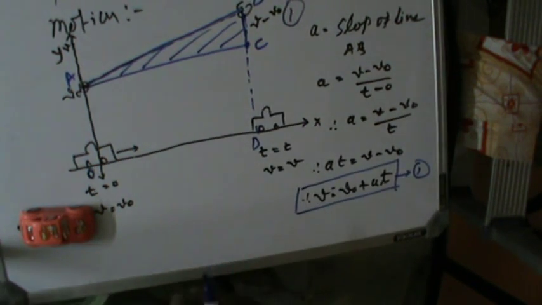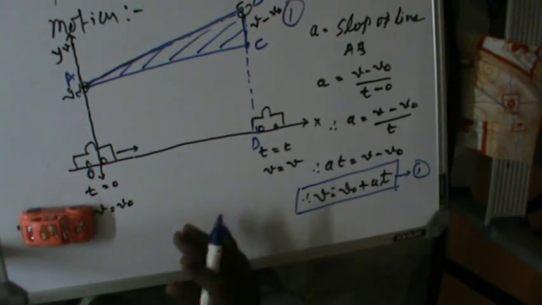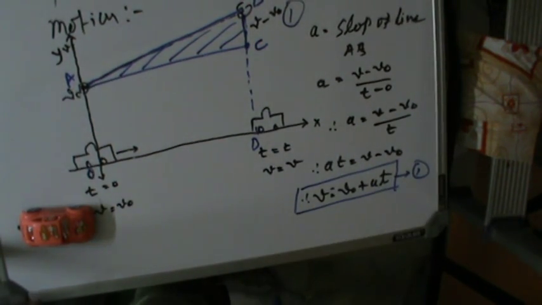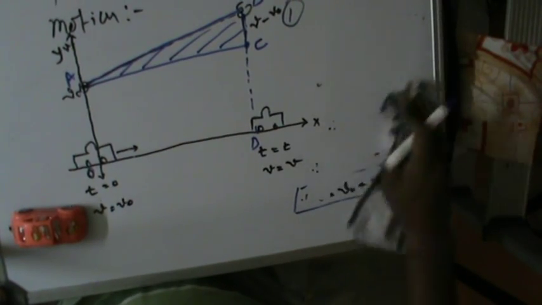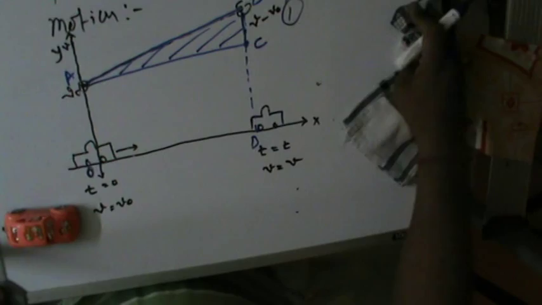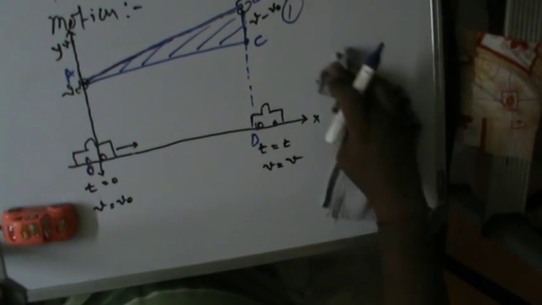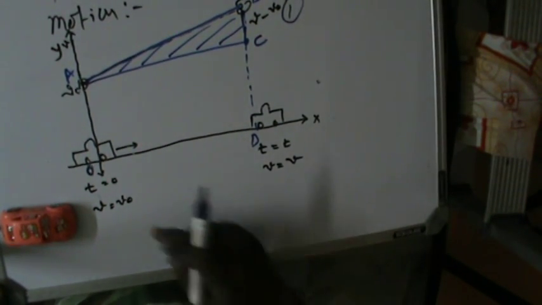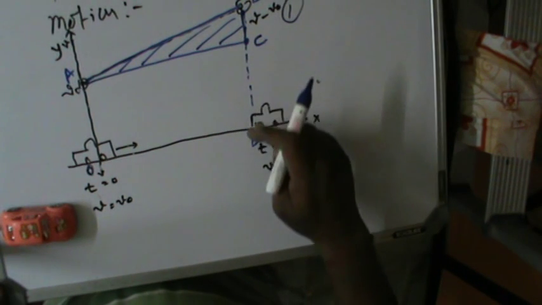So the displacement of the car is covered by this much area. Let us calculate with more simplification. From the figure you can observe the triangle ABC and the rectangle OACD.